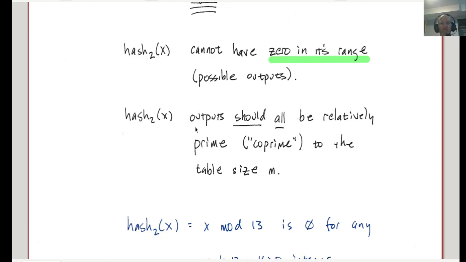Also, we want all the possible outputs of the hash2 function to be relatively prime, or what they also call co-prime, to the table size.